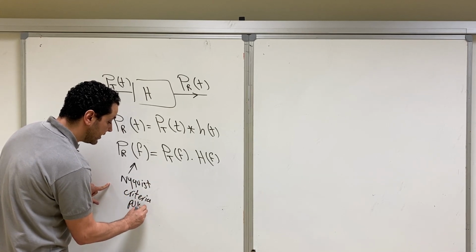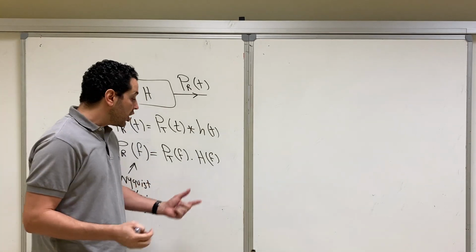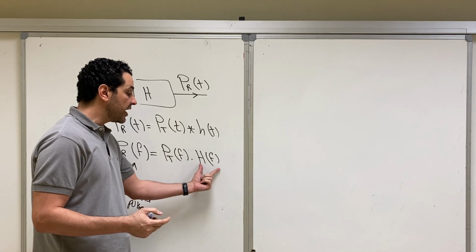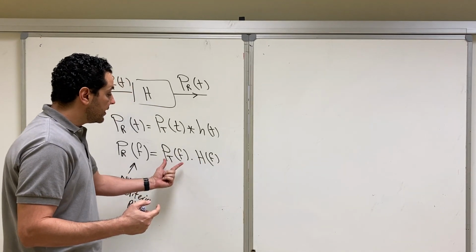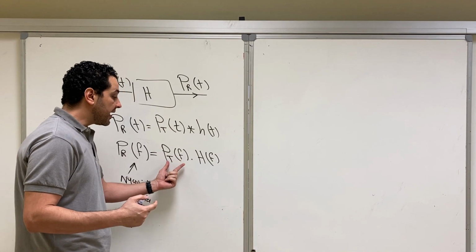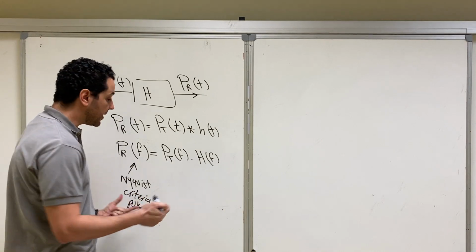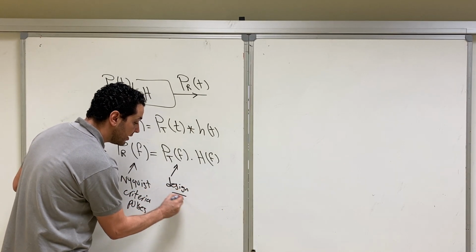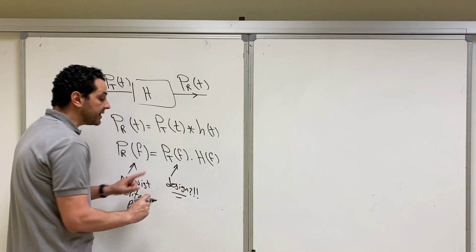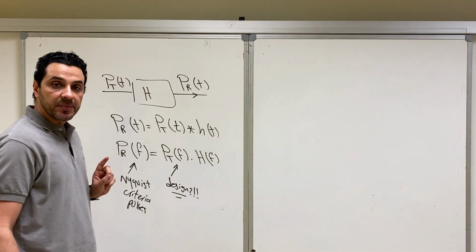And hence, when we design the pulses that will be transmitted from the transmitter, we should take care that there is a channel in the middle, and we should design the pulses transmitted at the transmitter so that after they pass through the channel, we will get the Nyquist criteria pulses. So we should design these pulses so that after they pass through that channel, we get the Nyquist criteria pulse.